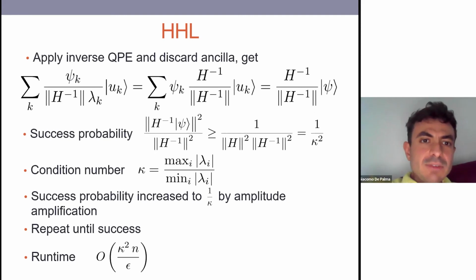Now, remember that this lambda is the eigenvalue of H, and then this 1 over lambda k can be seen as applying H inverse to this eigenvector uk. And then we have this equality here when we replace the 1 over lambda k uk with H inverse uk.